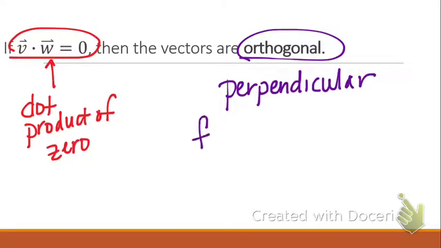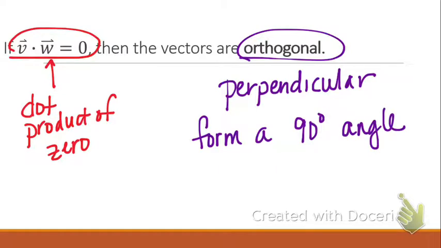Which means that they form a 90-degree angle. A right angle. So if you see that the dot product is 0, then the angle is going to be 90. You can actually stop right there. You don't even need to finish the formula. So a dot product of 0 means that you have a right angle.